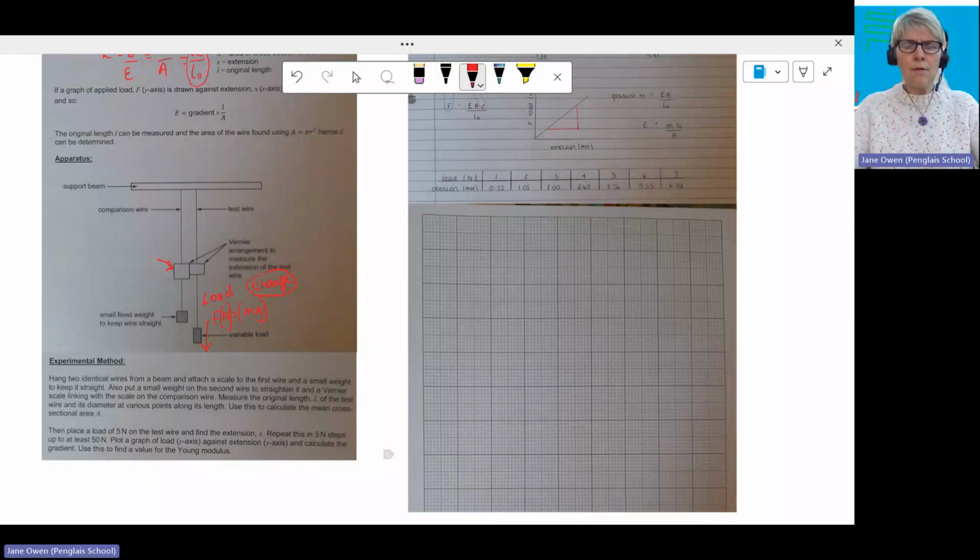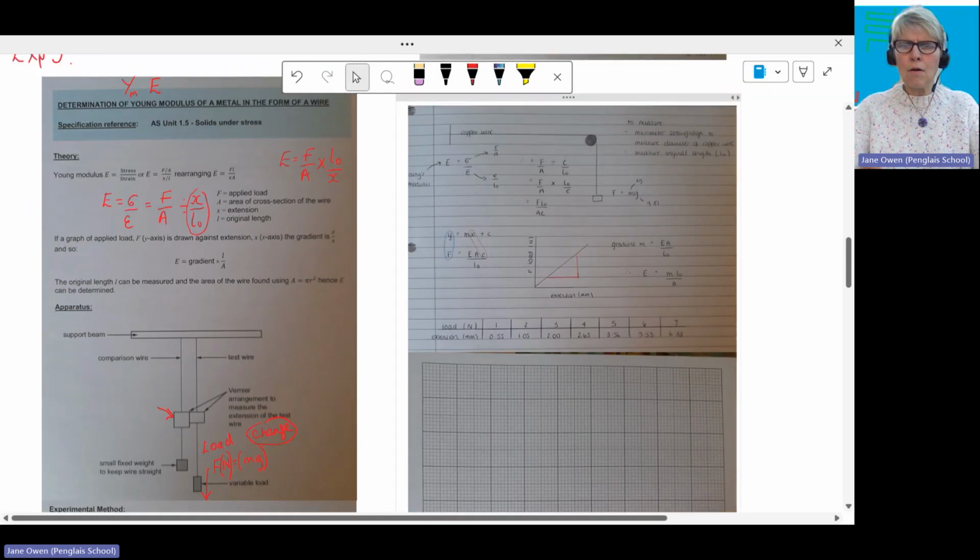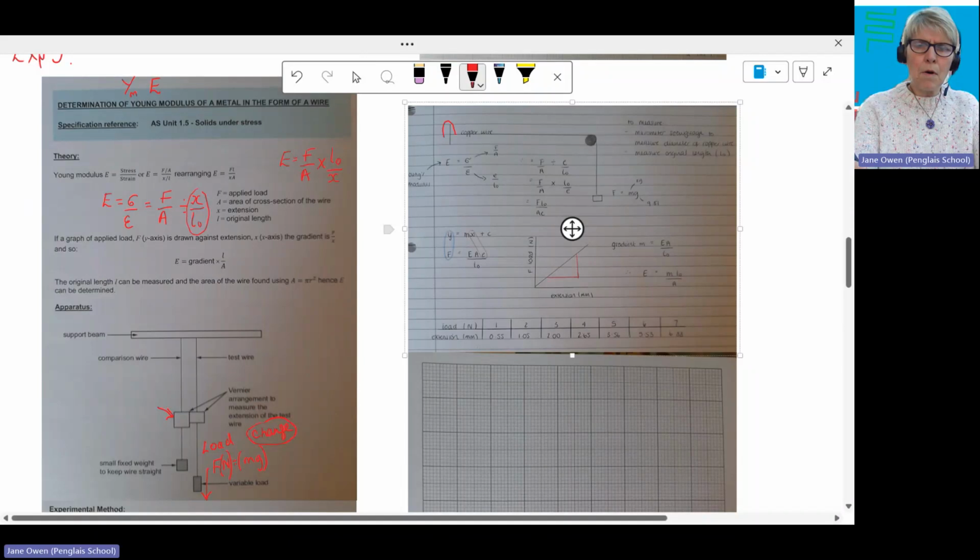Now, we don't have this system in our school, so we used a method of clamping a copper wire at one end of a table, putting a couple of tables along, putting a pulley onto the table so that we could hang this load F here.